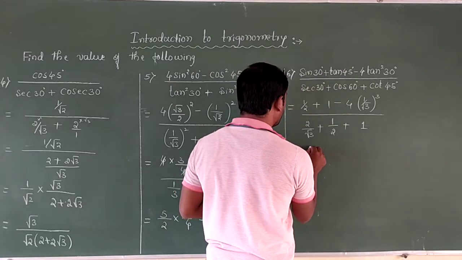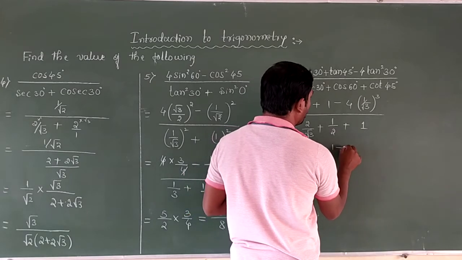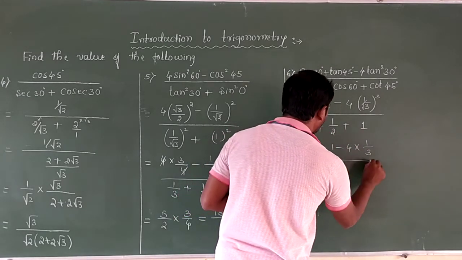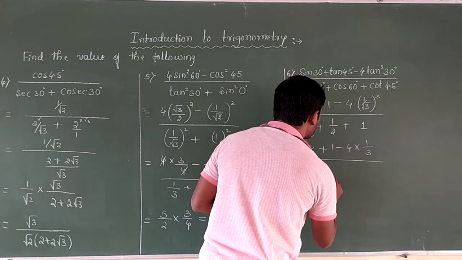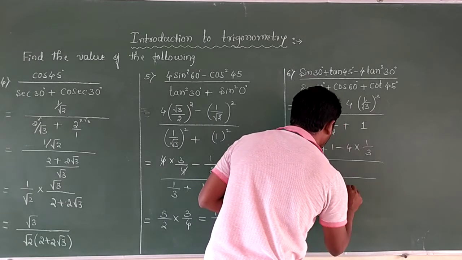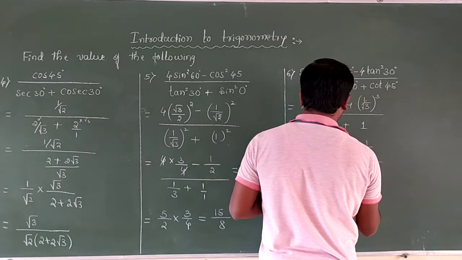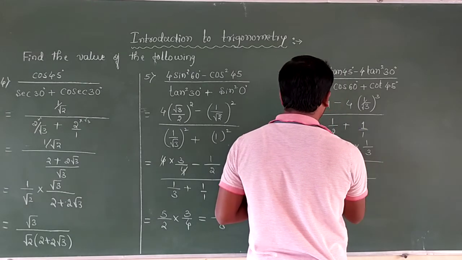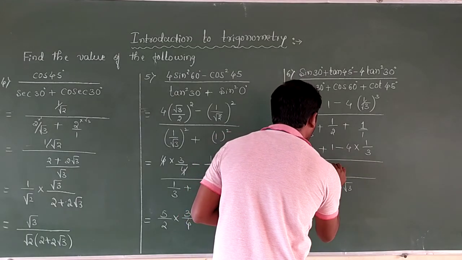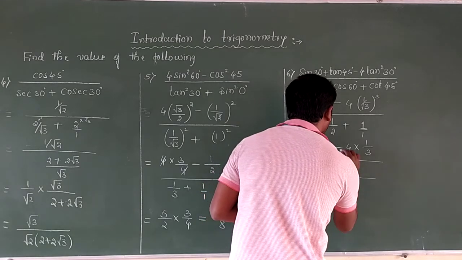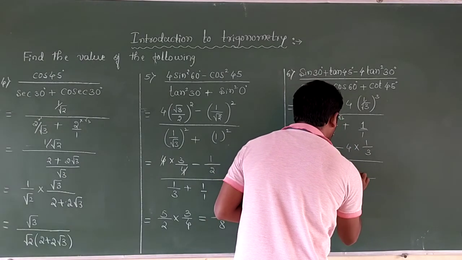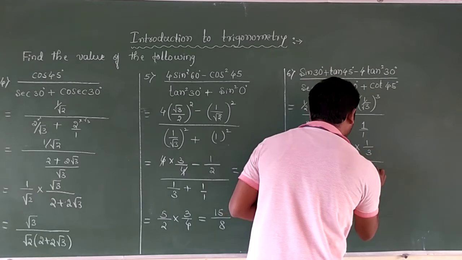So simplify this one, children. This is equals to 1 by 2 plus 1 minus 4 into 1 by 3 whole divided by, here take the LCM, LCM is 2 root 3, here it is 1, 2 root 3 is the LCM, 2 root 3 2s into 2 plus here it is root 3 1s, so 1 into root 3 is root 3, here it is 2 root 3.